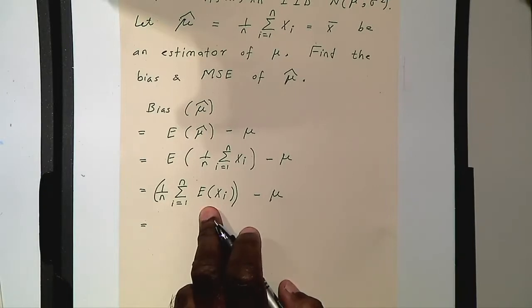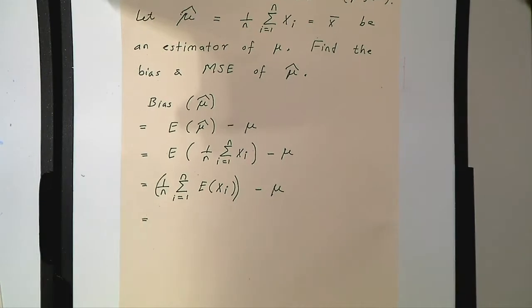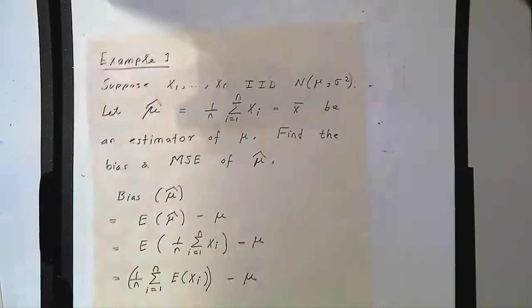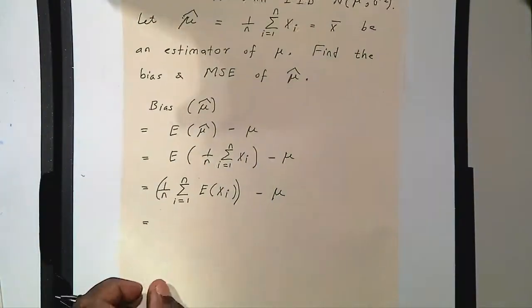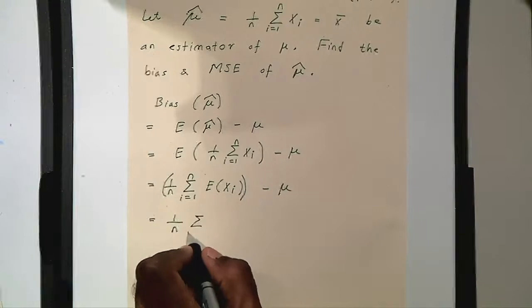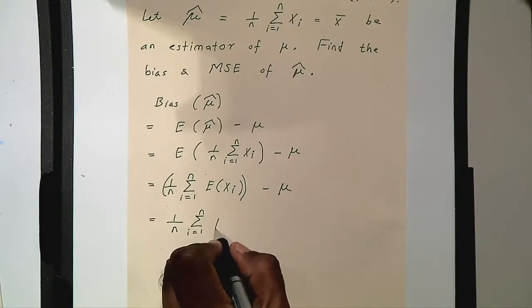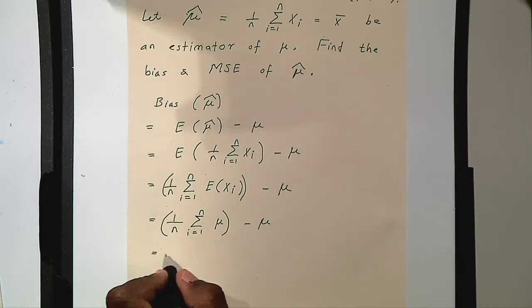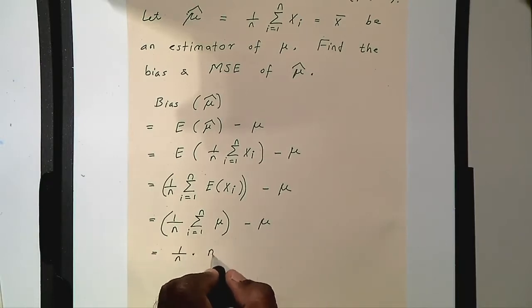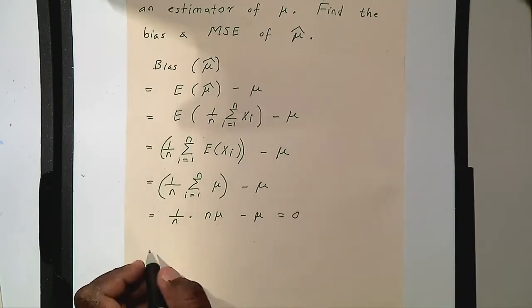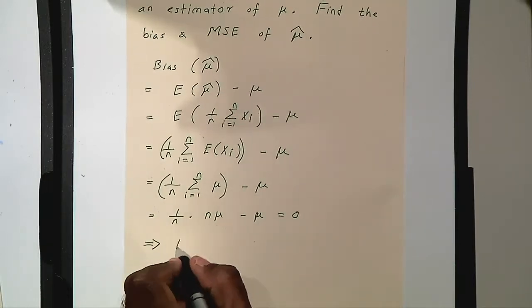What's the expectation of xi for normal? It's not 0, so it's mu. We are assuming IID with mean mu. All right, so this is 1 over n times n mu minus mu, which is 0, right? So this implies that mu hat is unbiased.